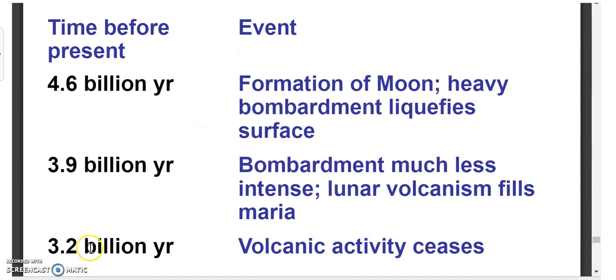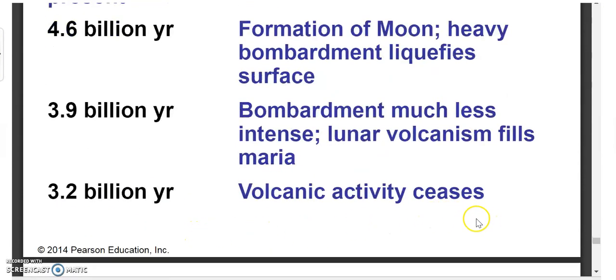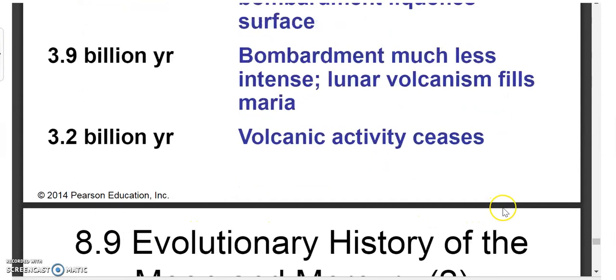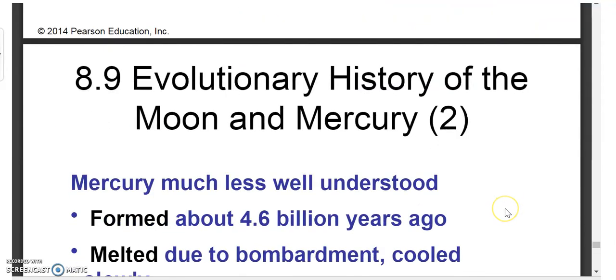Oh, so about 3 billion years ago, volcanic activity on both the Moon and Mercury ceased, and so they look very similar to each other.